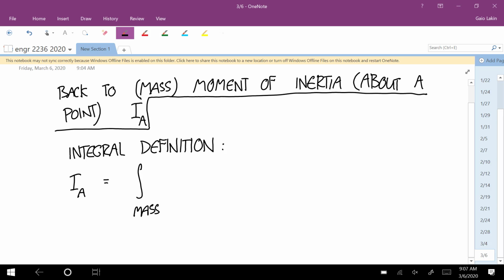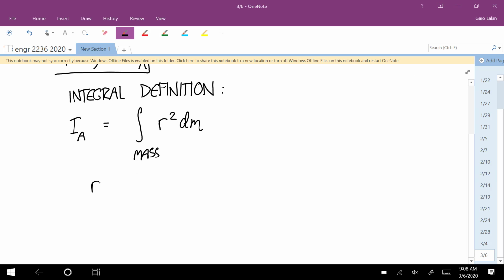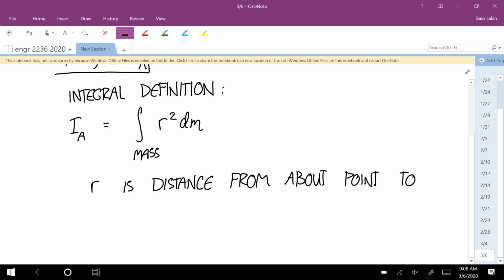And the definition is the integral of r squared dm, where r is the distance from the about point to that infinitesimal bit of mass dm.